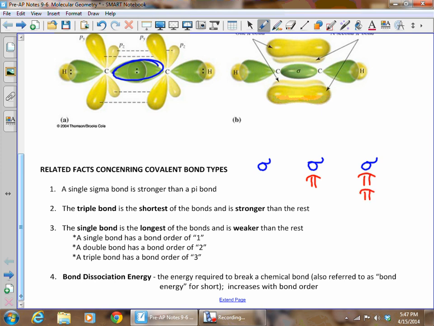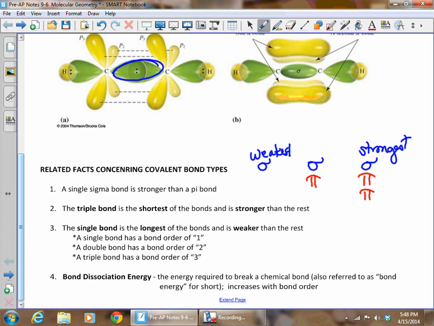When you put those bonds together, that's going to overall make a single bond the weakest of the bonds, and the triple bond the strongest of the bonds, simply because there are more bonds there. It's like being in a fight, one strong person fighting one strong person and 2 weaker people. I'd still say the 3 are going to be better off. So triple bond stronger. Triple bond is also shorter.